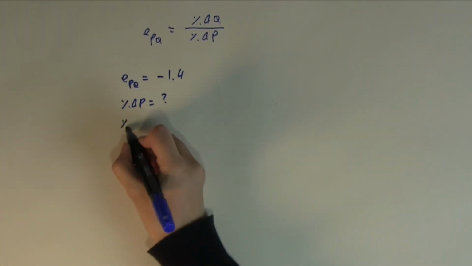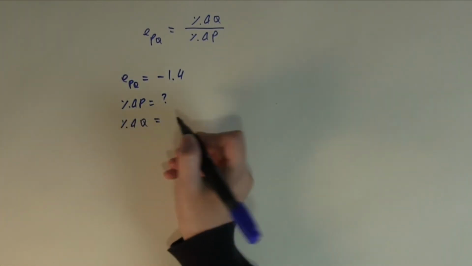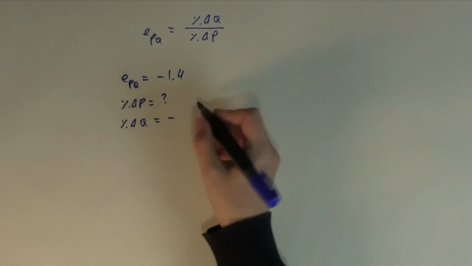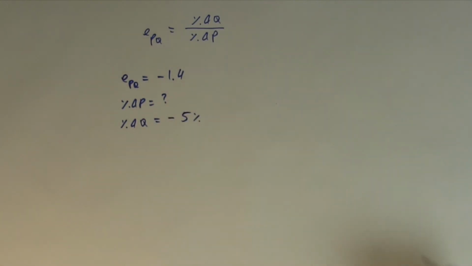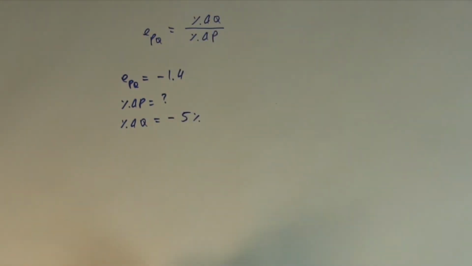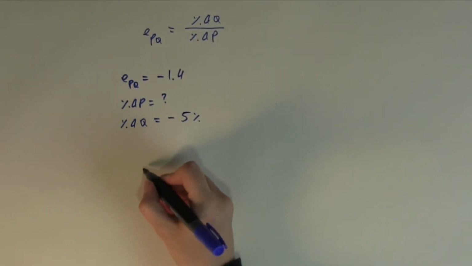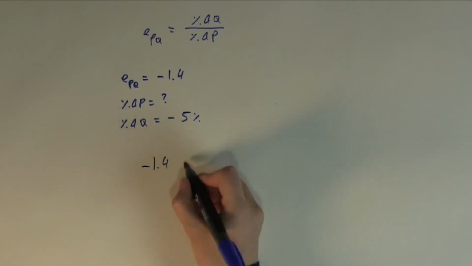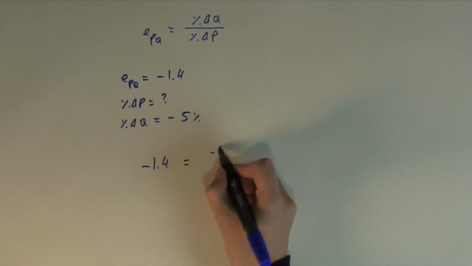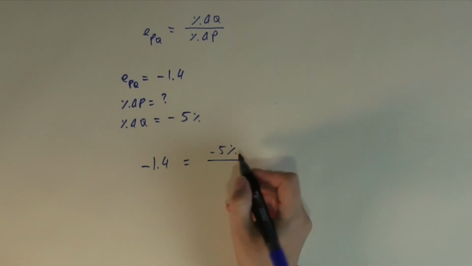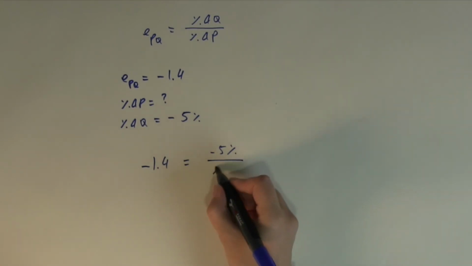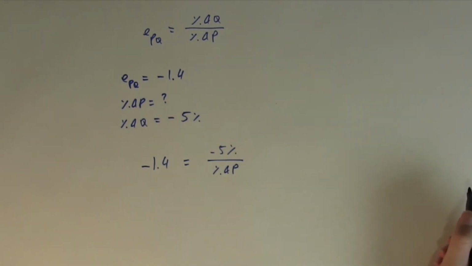So the percentage change in demand is a fall, so this is a negative change, by 5%. Use these numbers, put them back again in the formula, and try to see what we can do. Minus 1.4 is equal to minus 5% divided by the percentage change in price, which we will need to be able to calculate.